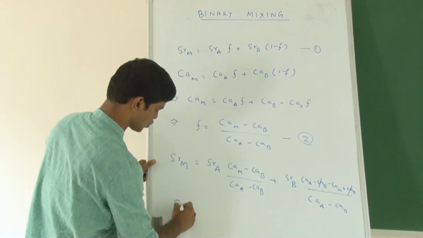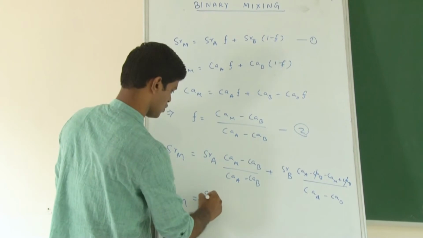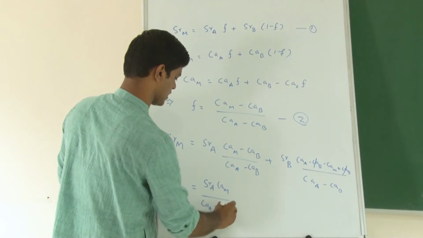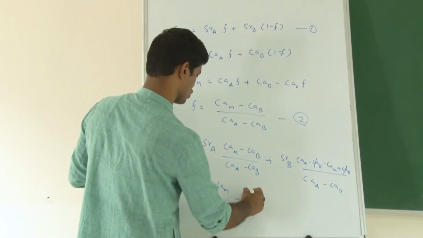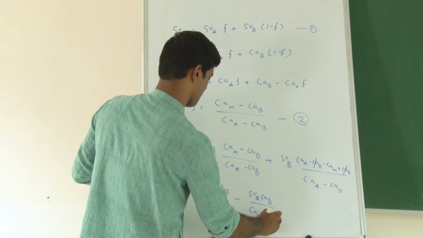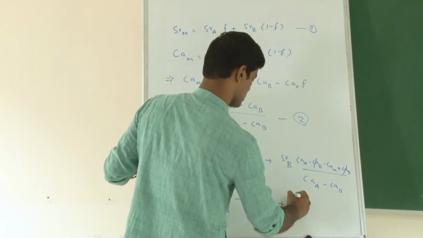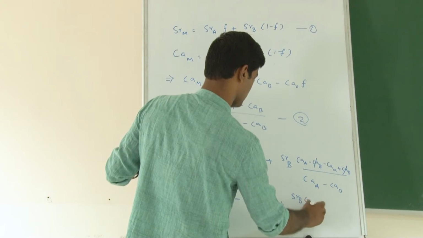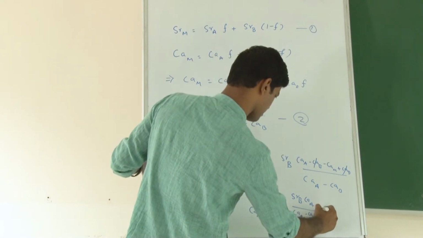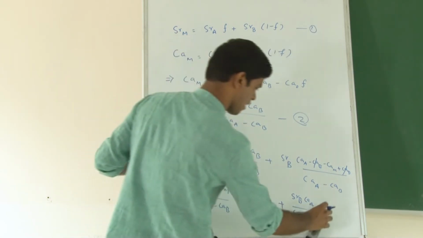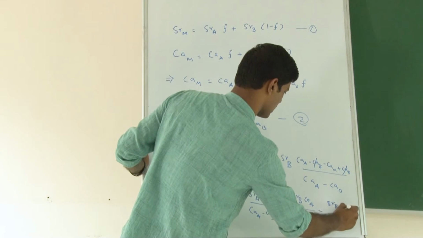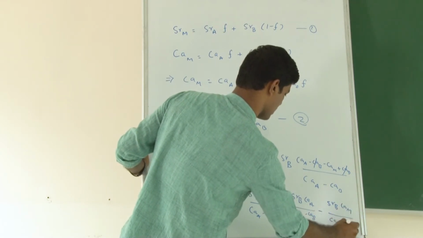So, basically strontium M is equal to strontium A calcium M divided by calcium A minus calcium B, minus strontium A calcium B divided by calcium A minus calcium B, plus strontium B calcium A by calcium A minus calcium B, plus or minus this term, strontium B calcium M divided by calcium A minus calcium B.